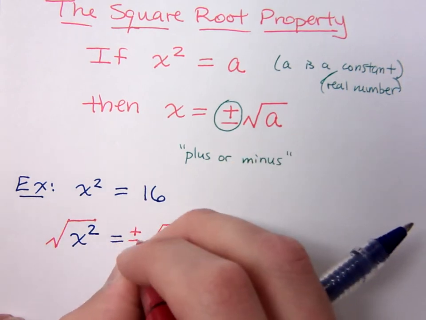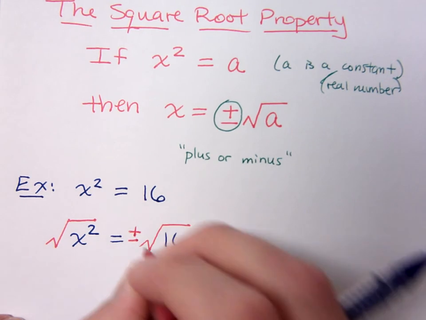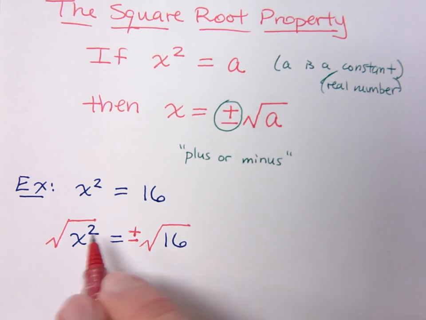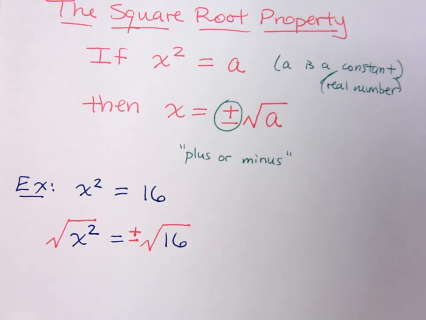When you are applying the square root property and you're putting the square root on both sides, you've got to have the plus or minus. That plus or minus is what will help you get your two solutions that you're supposed to have according to that exponent.